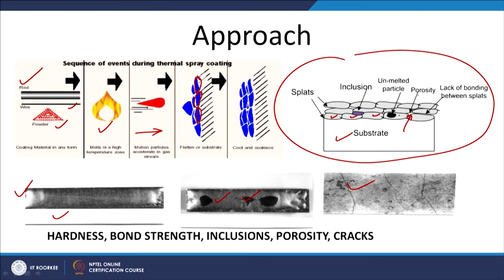So, this will be leading to the formation of the pores, and when the particles do not impinge with sufficient kinetic energy, there can be limited bonding between the splats themselves also, and when the gases interact with the material of the feedstock, then it will be leading to the formation of the inclusion. So, these are various kinds of the issues and the defects. There are three common problems which are encountered in case of the thermal spray coatings.